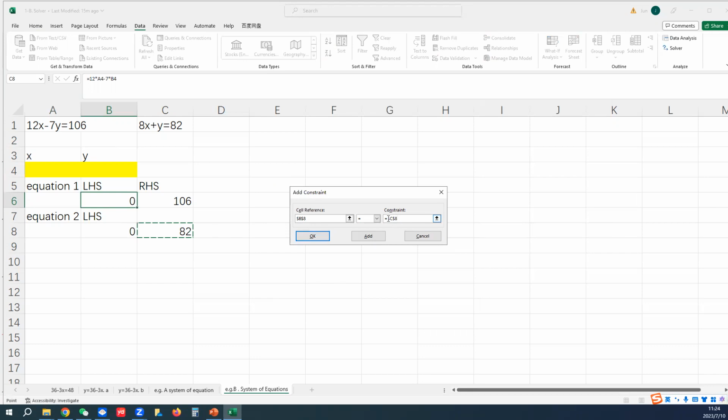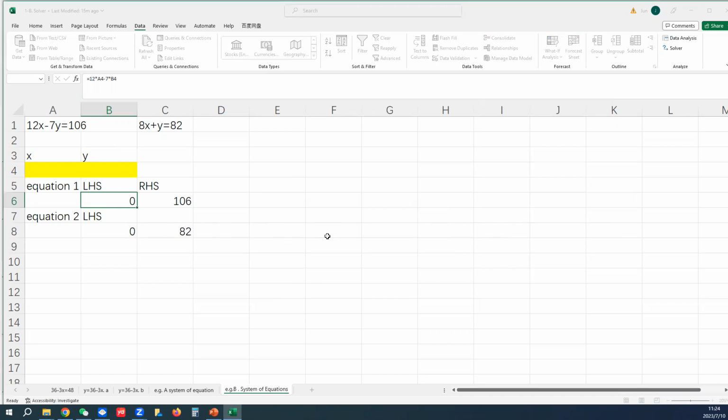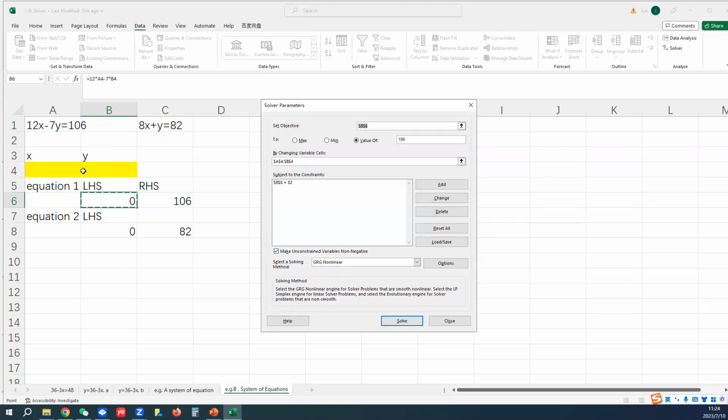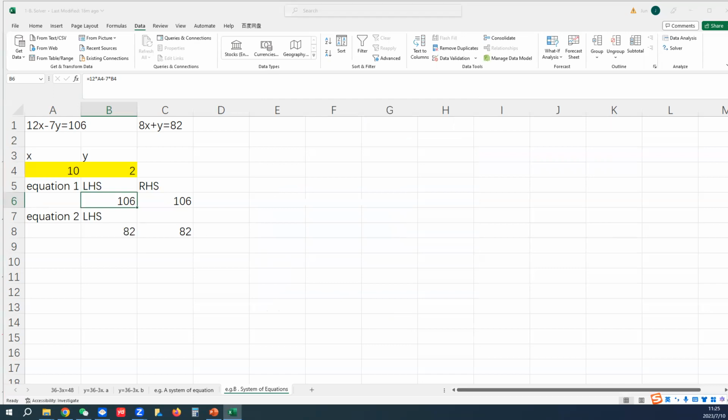You can either key in 82 or directly click on this number. Either way should work. Here we really don't know if x and y are non-negative or not, so we just uncheck that, and we hit solve.